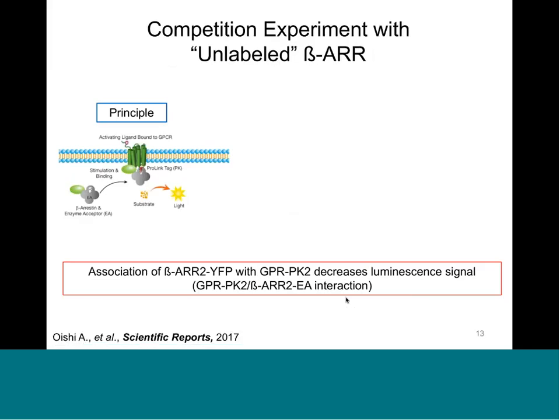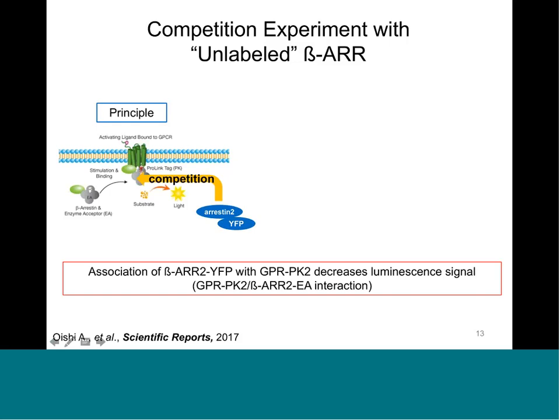The principle of PathHunter beta-arrestin recruitment assay is association between ProLink tag of GPCR and enzyme acceptor of beta-arrestin. So if beta-arrestin without enzyme acceptor exists in these conditions, it's going to work as a competitor of the beta-arrestin enzyme acceptor.